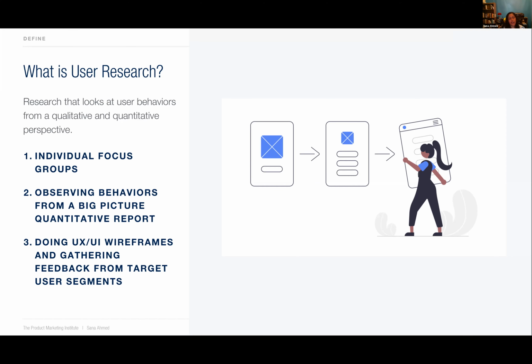The second thing around user research is observing behaviors from a big picture quantitative report. I mentioned this a little bit earlier with quantitative data, which is taking sets of user data.